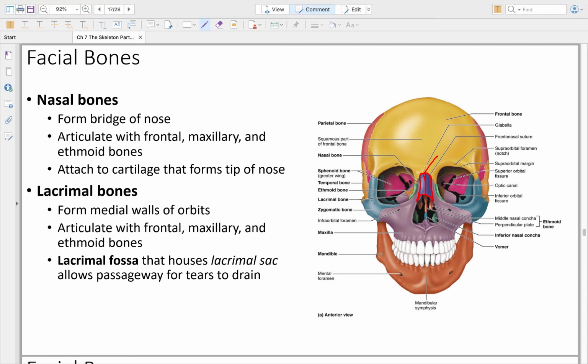Okay. And it connects to the maxilla, which is the upper part of your jaw, in purple, right there, all the way across. Okay, and then it connects to the ethmoid bone, which you can see in orange, right there.